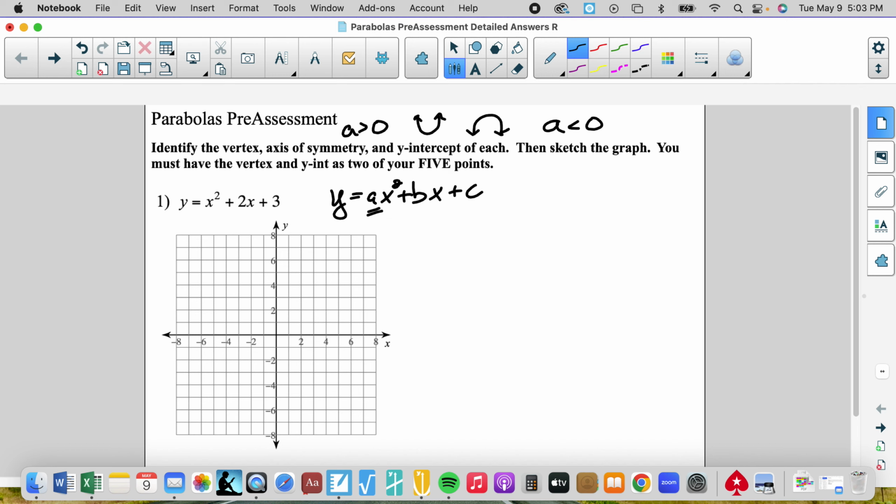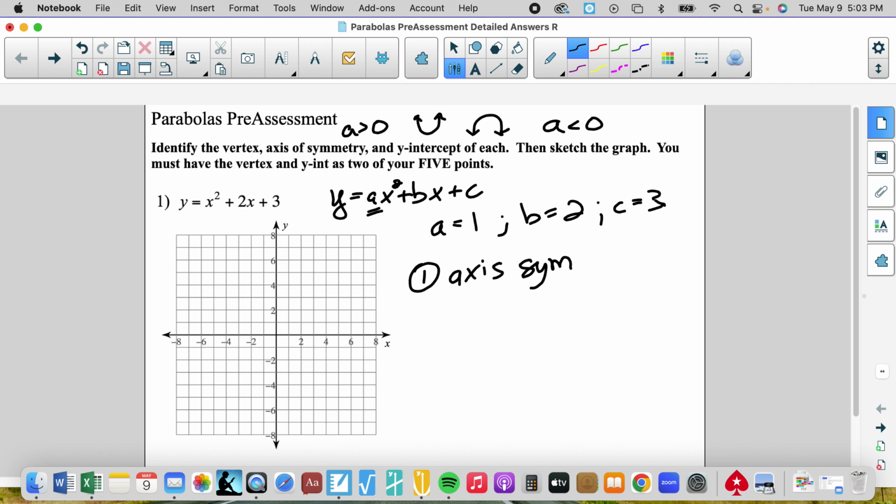So the first thing I should always do is list out my a value, my b value. My a is 1, my b is 2, and my c in this example is 3. Once I have that, the first thing I'm going to find when it's in standard form is the axis of symmetry.